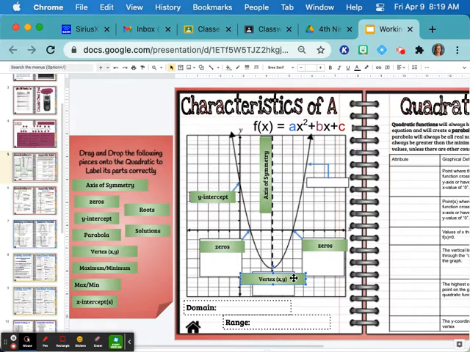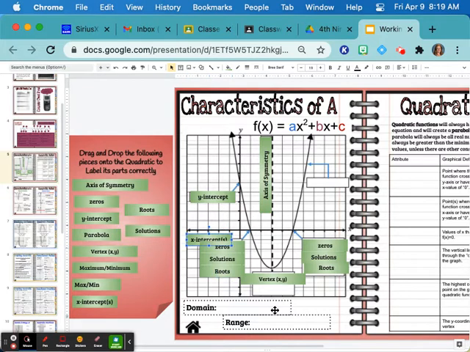Let's see. Solutions is also where we have zeros. Roots is also x-intercepts. X-intercept is also there too. Goodness, we have a lot.